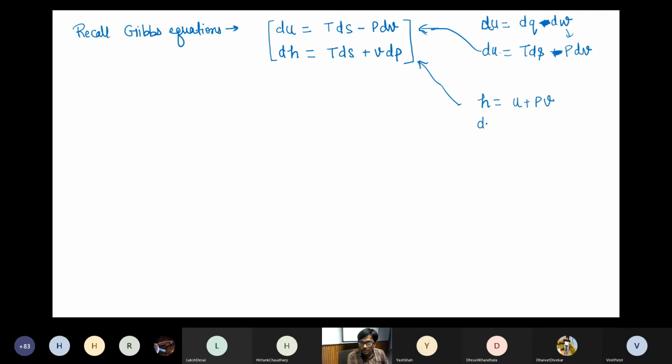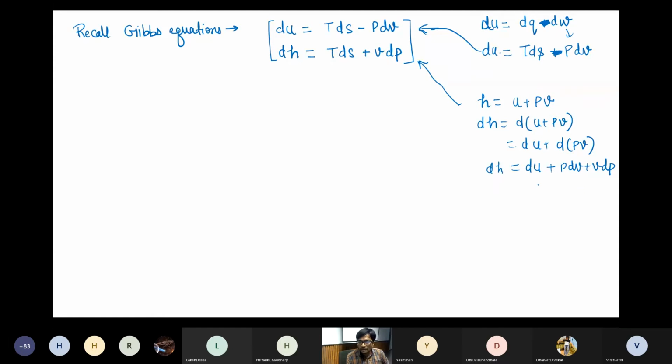Now let me do the differentiation. dH is equal to dU plus d(PV), and d(PV) is PdV plus VdP.